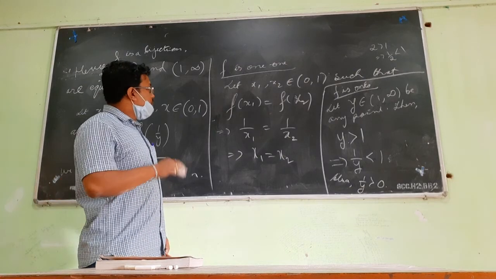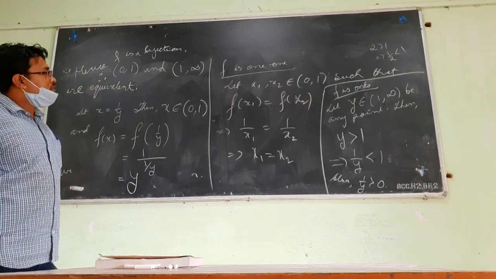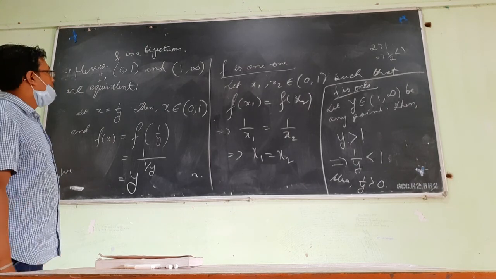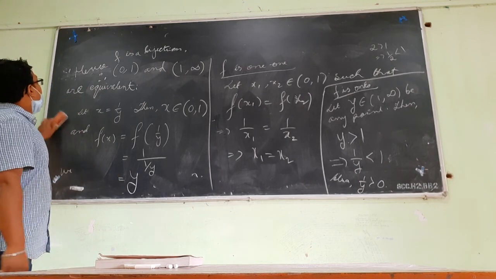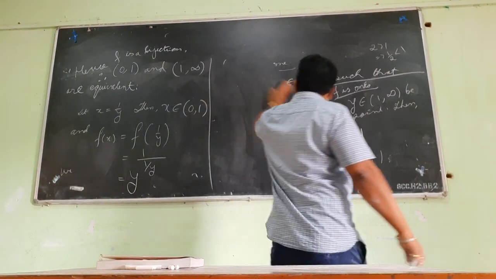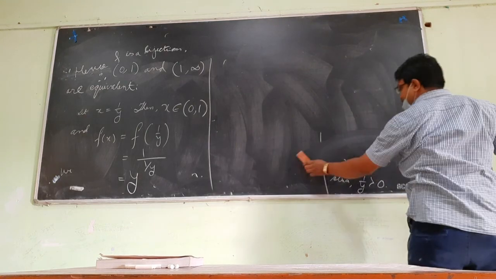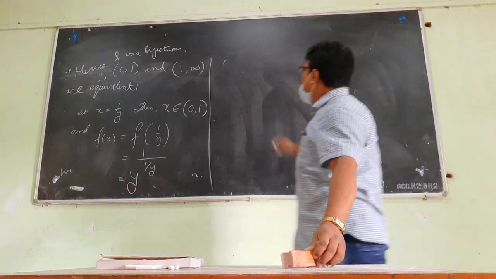The last example in this part is that (0,1) is uncountable. That part has to be done, but before that, let me do another one. How will you show this?